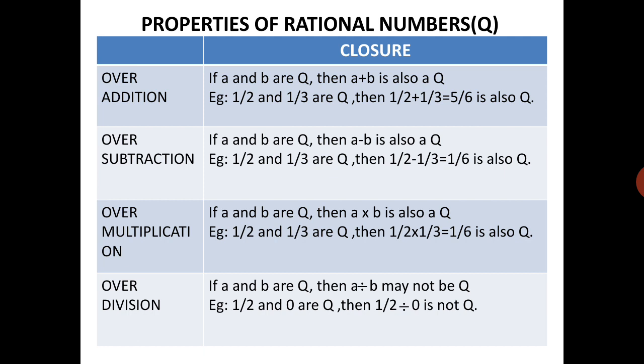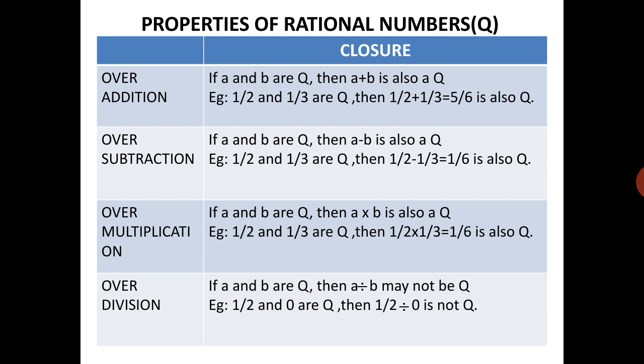Now let us check about closure property over addition. Now if A and B are Q, that is a rational number, then A plus B, that means its addition, will also be a rational number. I have taken one example here. 1 by 2 and 1 by 3 are rational numbers.